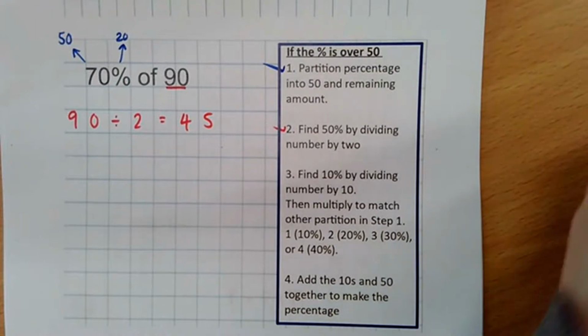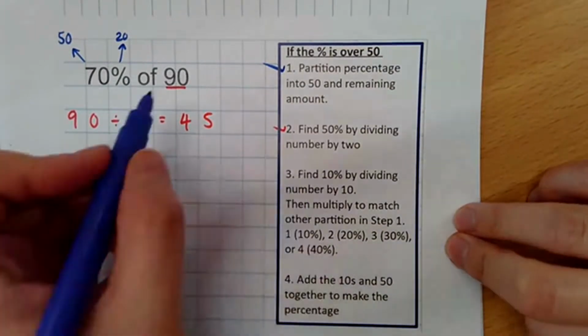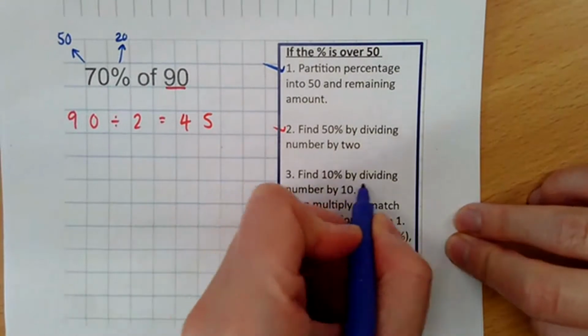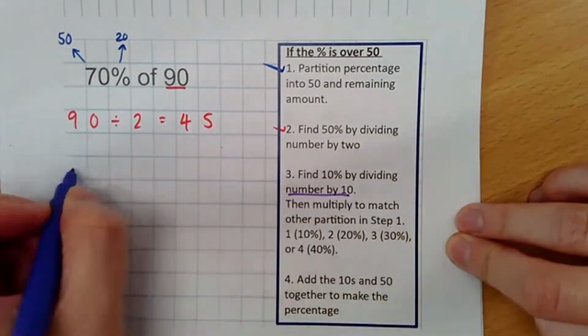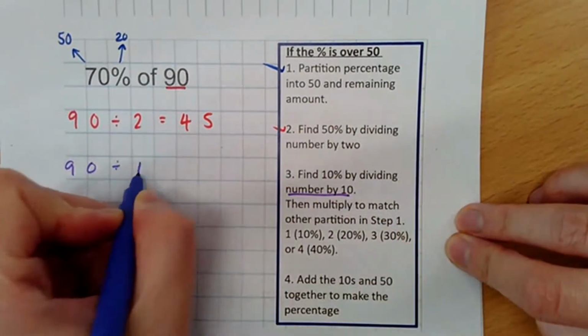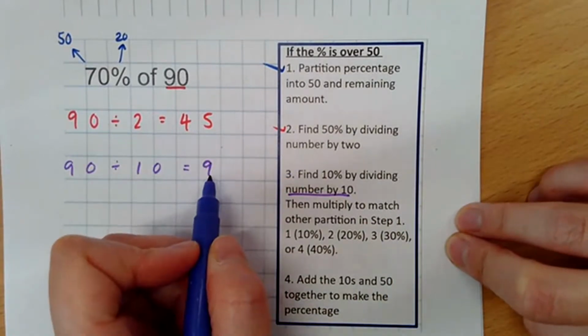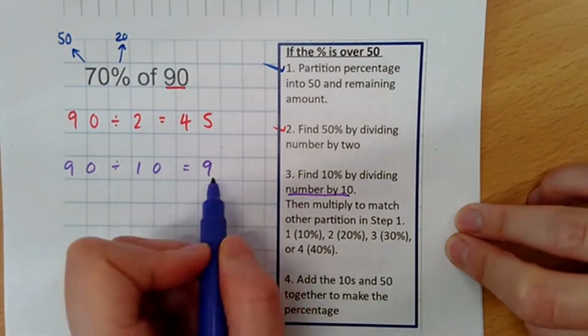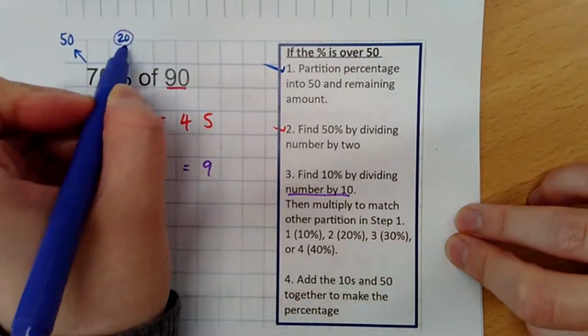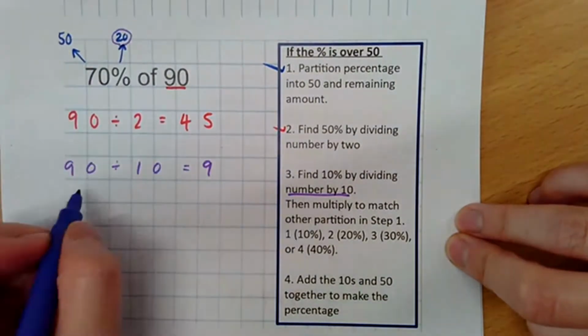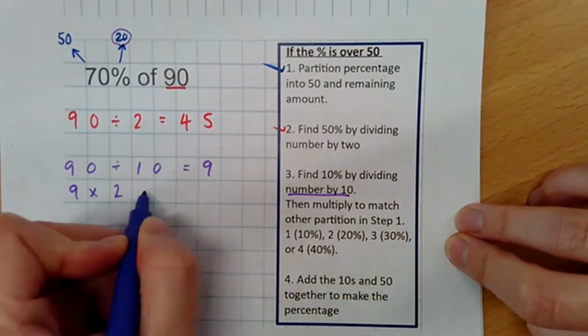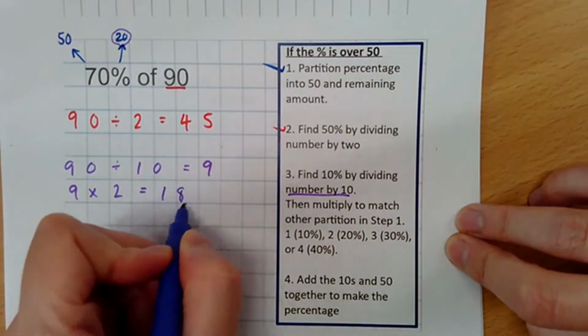Next, I'm going to find 10%, okay, by dividing my number by 10. So 90 divided by 10 equals 9. Now this is just 10%, but we need to find 20%. So I know that that's now 9 times 2, so that's 18.